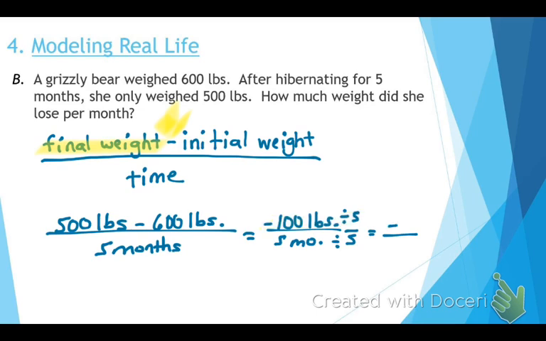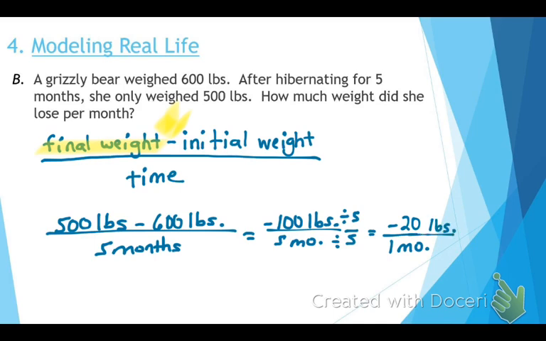What is 100 divided by 5? It'd be 20, but there's a negative sign, so it'd be negative 20. Negative 20. And then what is 5 months divided by 5? 1 month, okay? And this negative 20 was negative 20 what? Pounds.